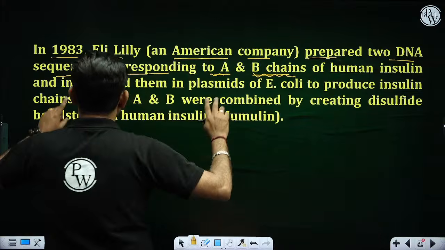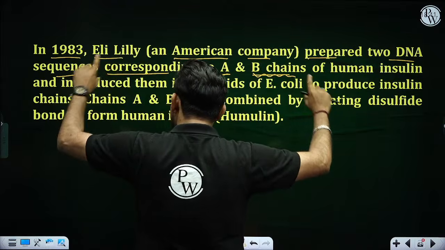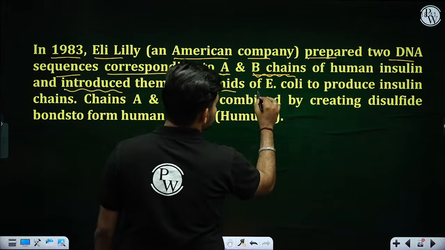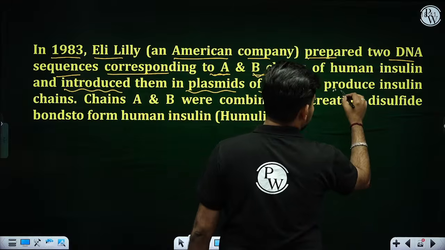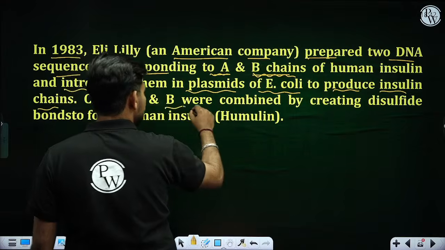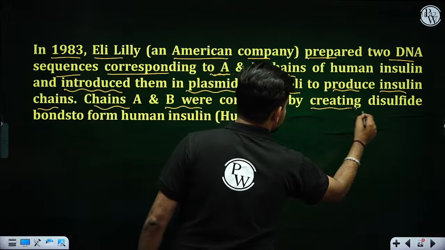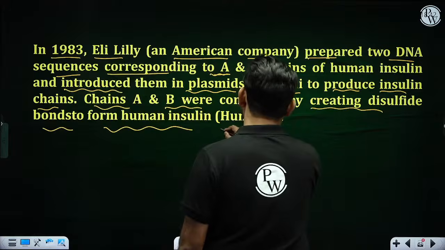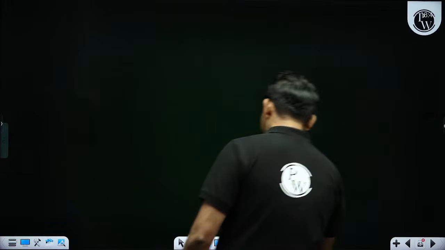And these two different genes were introduced into plasmids of E. coli bacteria to produce insulin chains. So chain A and chain B were then combined by creating disulfide bonds to form human insulin or Humulin. So what was the problem?